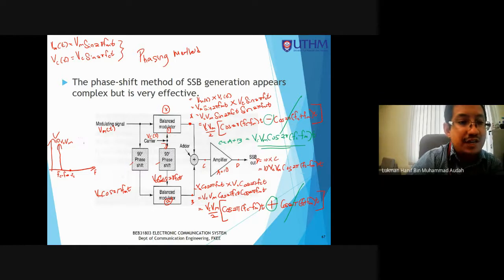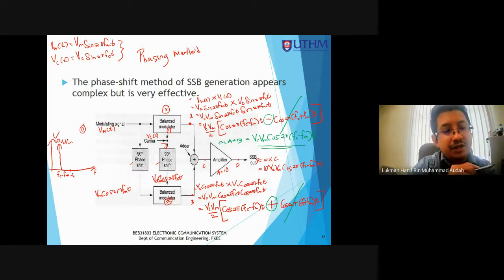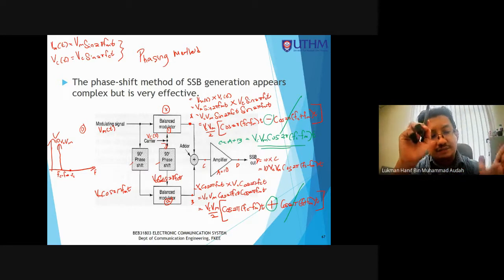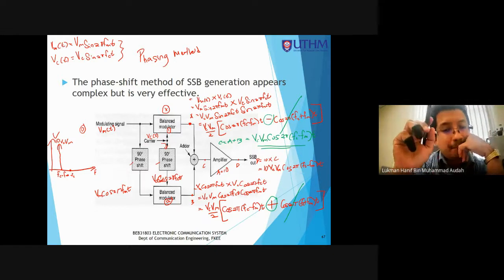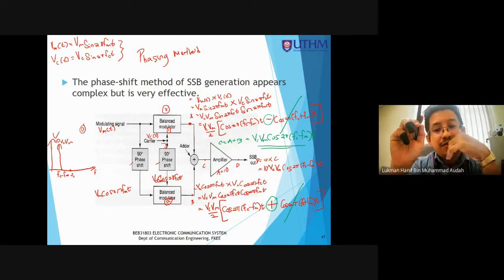Ini pada point D. Okay, so this is the spectrum.